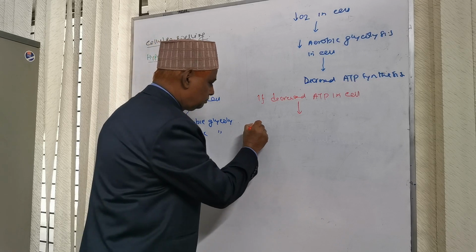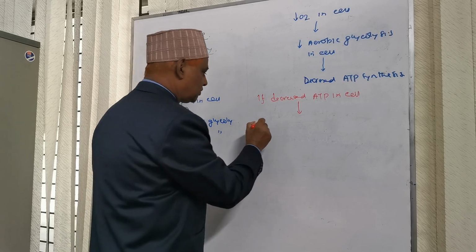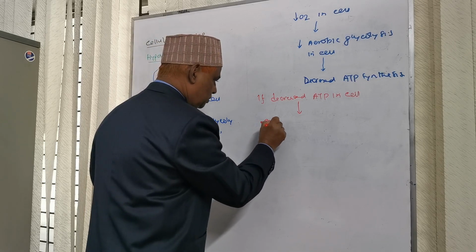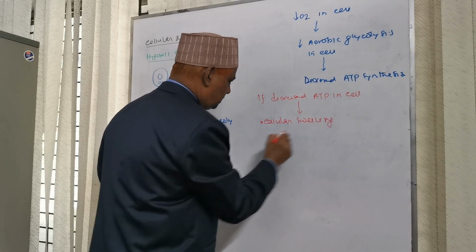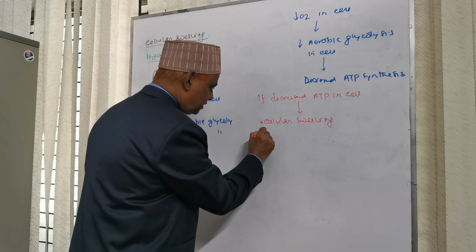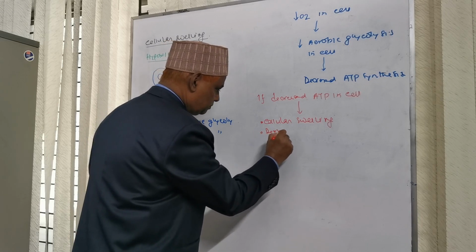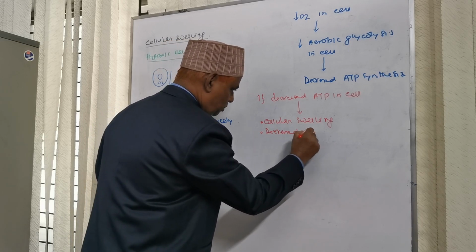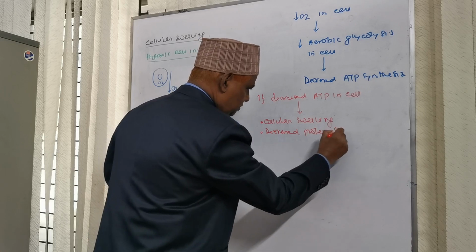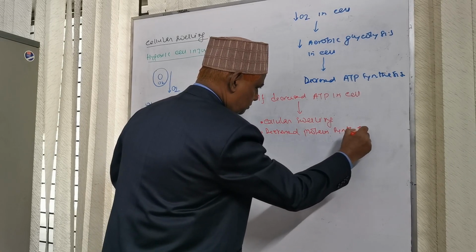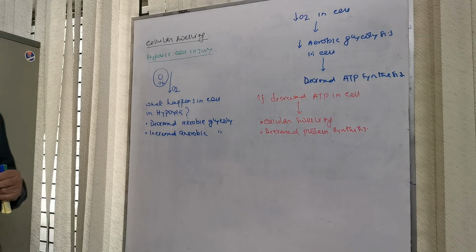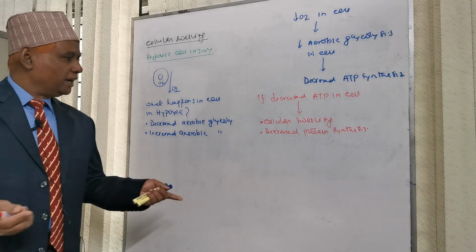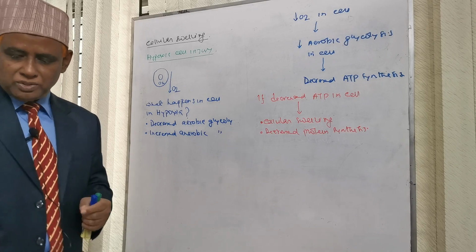One is cellular swelling, and another is decreased protein synthesis. So, if decreased ATP in the cell, the cell undergoes cellular swelling, and within the cell there is decreased protein synthesis.